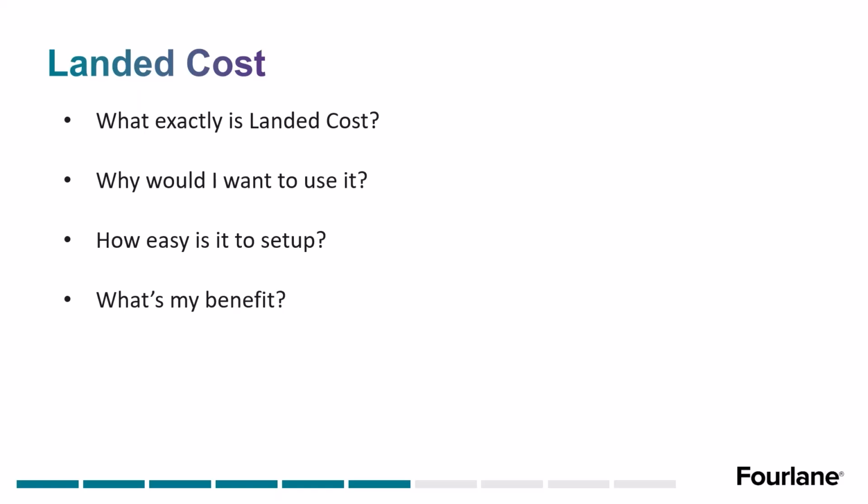But now we have the landed cost feature built into QuickBooks, and it really helps you track your product cost more accurately and efficiently, right? You're able to use it to factor in things like shipping, customs, duties, insurance, and more. Once you set up landed cost inside of QuickBooks Enterprise, you're able to use it on any bill, right?